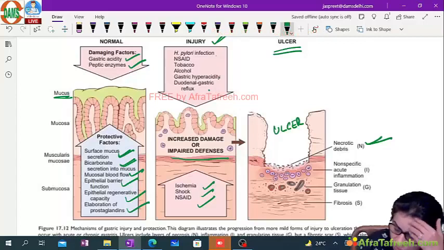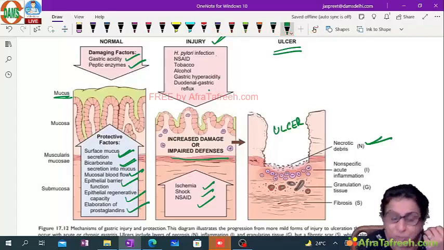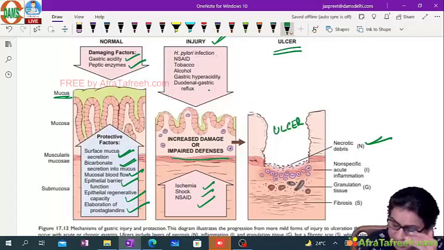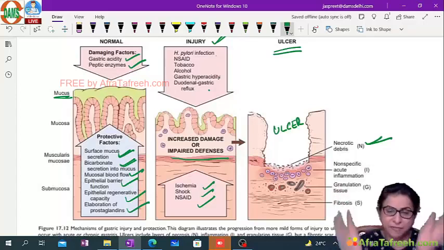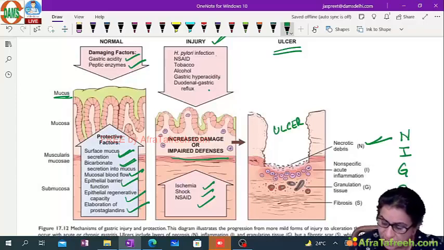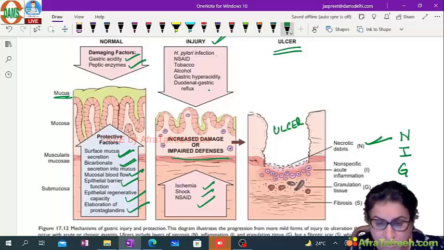Then below the acute inflammation, you have granulation tissue, and below the granulation tissue, you have fibrosis. So this is a peptic ulcer, the various layers in the ulcer. Big ulcer, big defect. At the base, you have N, necrotic debris, I, non-specific inflammation, G, granulation tissue, NIGS. And below the granulation tissue, there is fibrosis.